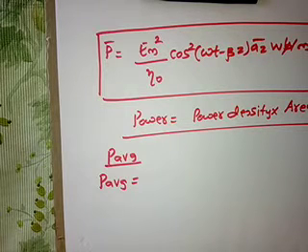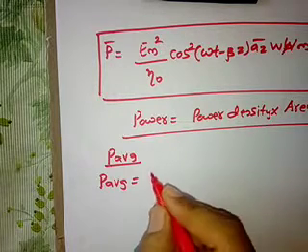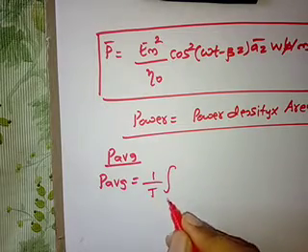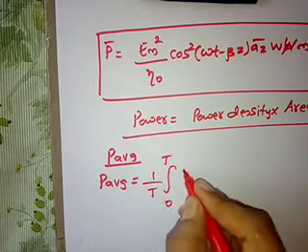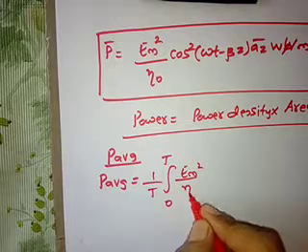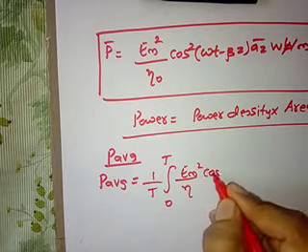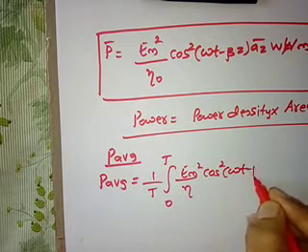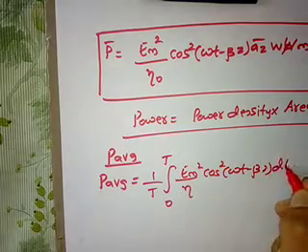This we have studied in our first year also. If you want to find the average power, you have to integrate over one cycle and divide by the time period. So that is 1 upon T into integration 0 to T Em square by eta cos square of omega t minus beta z dt, right?